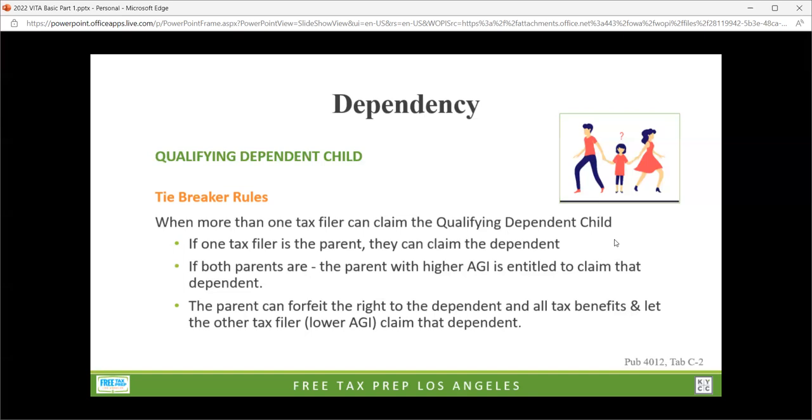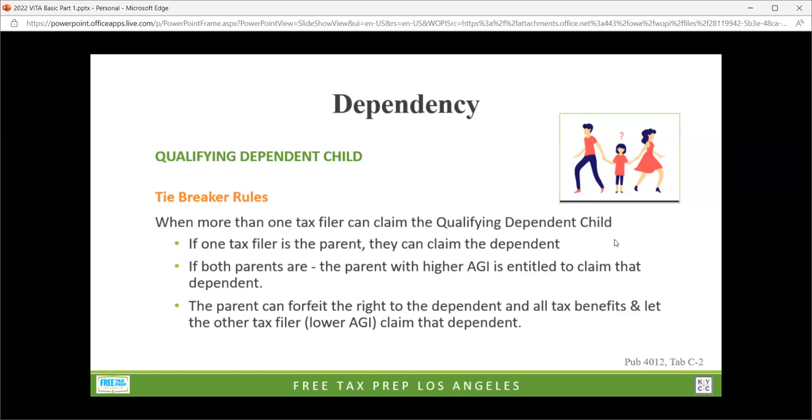If both are parents, the parent with the higher adjusted gross income is entitled to claim that dependent. But the parent can also forfeit the right to the dependent and all the tax benefits and let the other tax filer with a lower adjusted gross income claim that dependent.